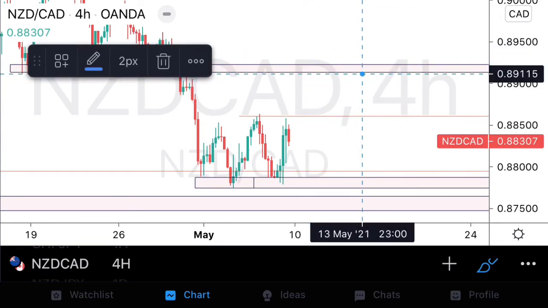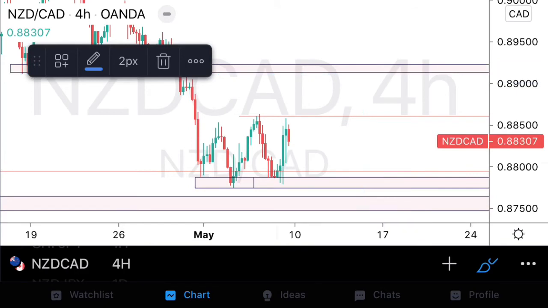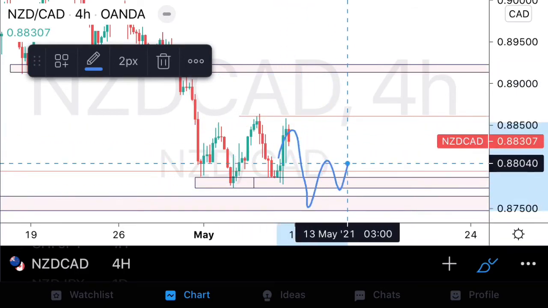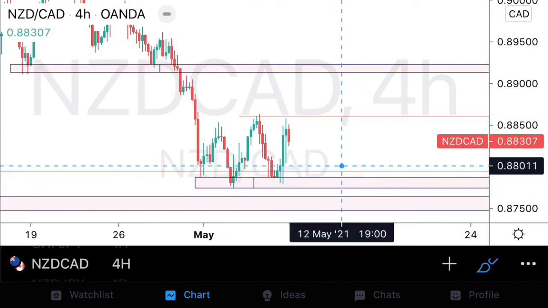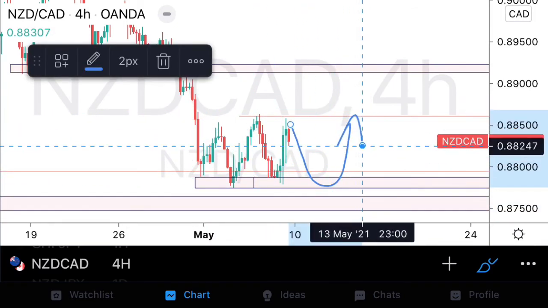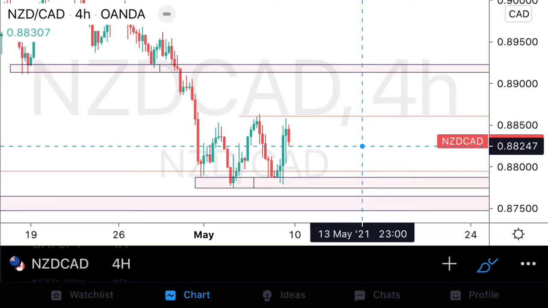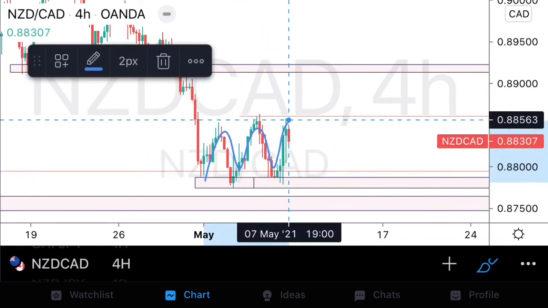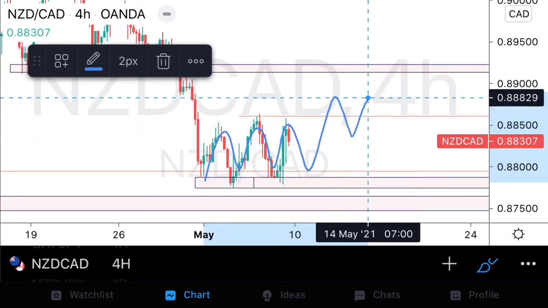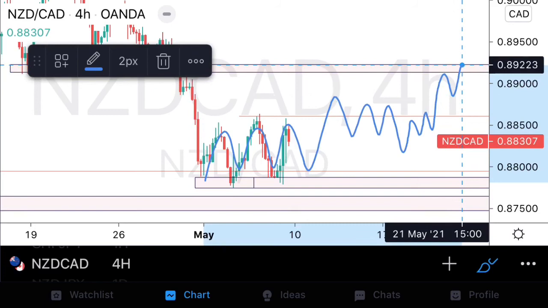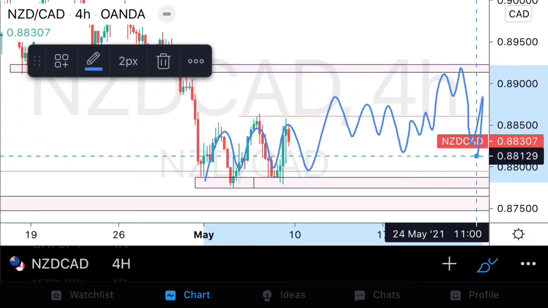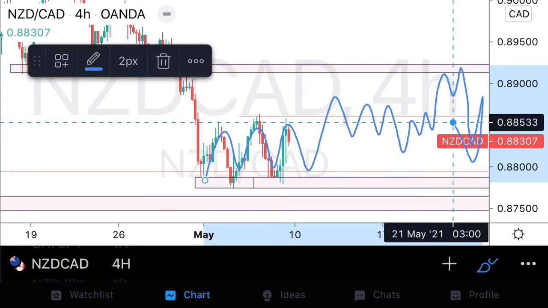So what I would be hoping for on NZDCAD, same as Aussie CAD, guys, if prices do push lower, I'd be looking for an opportunity to actually jump into the market with a buying opportunity. So my buying probabilities are in play right now at this point if prices do pull lower. Otherwise, guys, what I was saying to the guys in the live session is that we can expect prices to kind of create equal highs, take them out, create more equal highs, maybe convince sellers to jump in early and then take out those new equal highs, obviously generating the liquidity that's necessary for these markets to make some long-term downside.